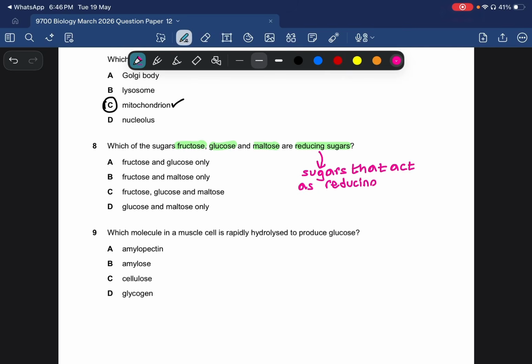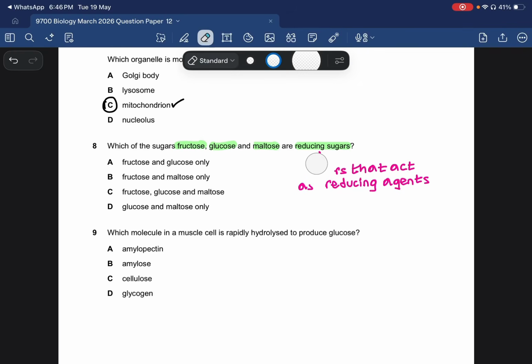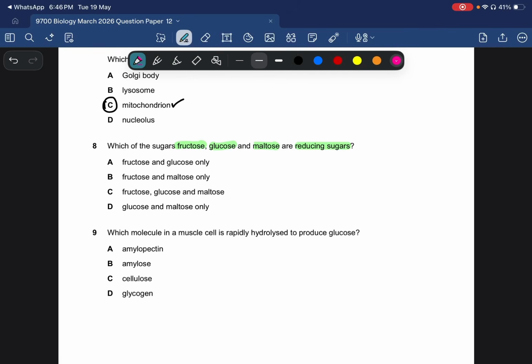I know this is not in your syllabus, but I'm going to give you some insight on why we actually use the word reducing. They are called reducing because they act as reducing agents, as you must have learned in chemistry. They reduce other substances and they themselves get oxidized. But what do you have to know for this particular question? This is just something you should remember.